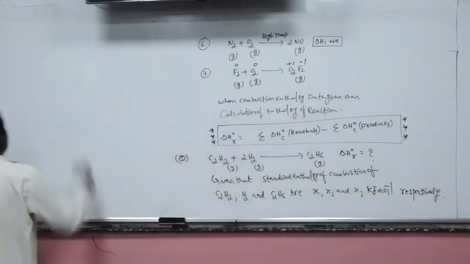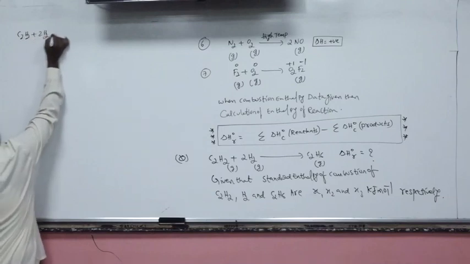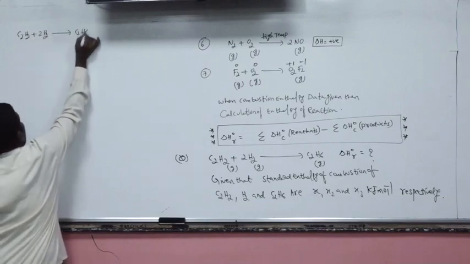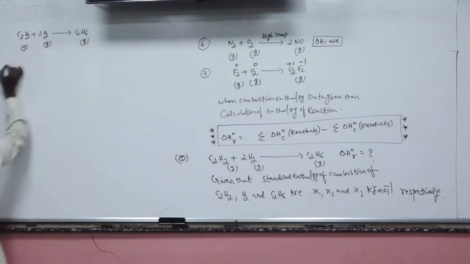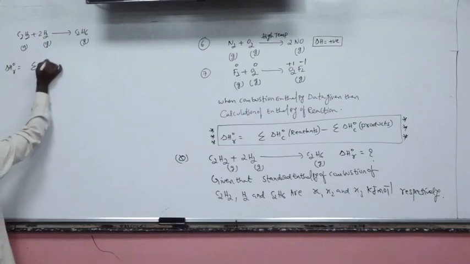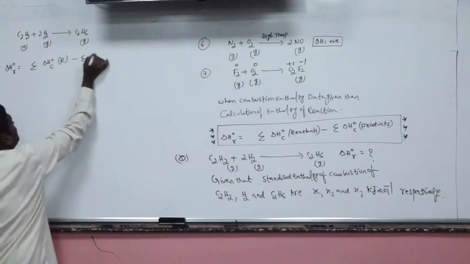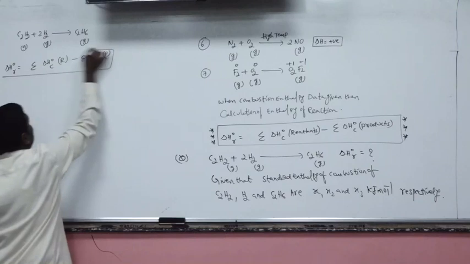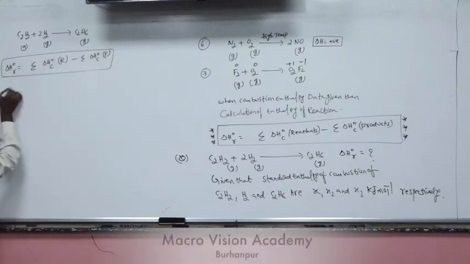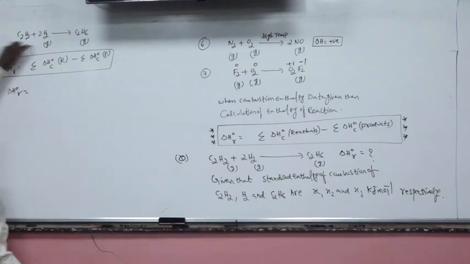Now, acetylene reacts with dihydrogen to give ethane. What is the formula to calculate the standard enthalpy of a reaction? Algebraic sum of the standard enthalpy of combustion of the reactants minus algebraic sum of the combustion enthalpy of the products, isn't it? Now, the standard enthalpy of the reaction is equal to: what are the reactants? Two reactants are there.